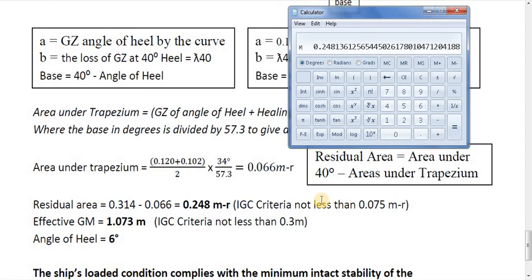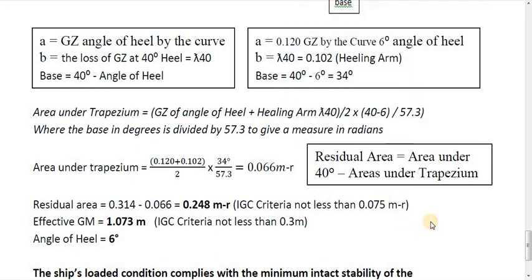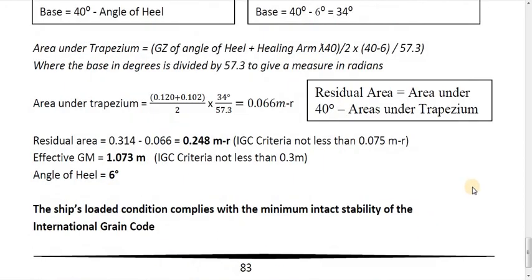The IGC, International Grain Code, criterion should be not less than 0.075 meter radian, so we pass the residual area. The effective GM that was calculated earlier is 1.073 meters, and the IGC criterion is not less than 0.3 meters. So in conclusion, guys, the ship's loaded condition complies with the minimum intact stability of the International Grain Code.